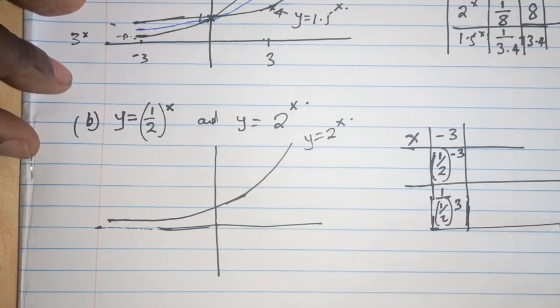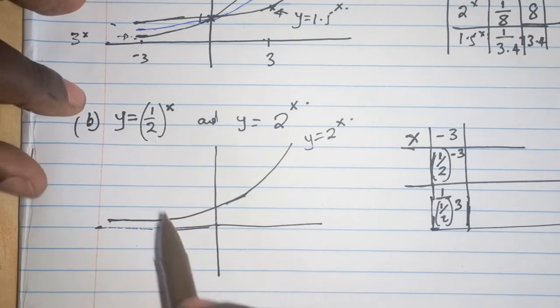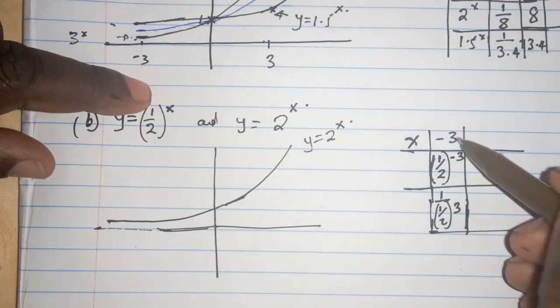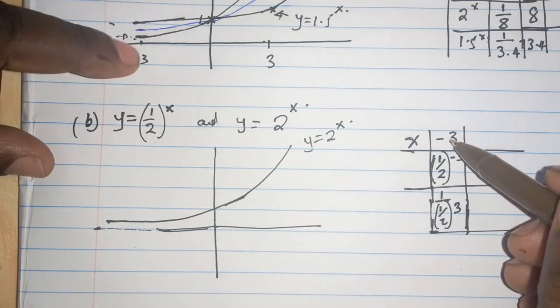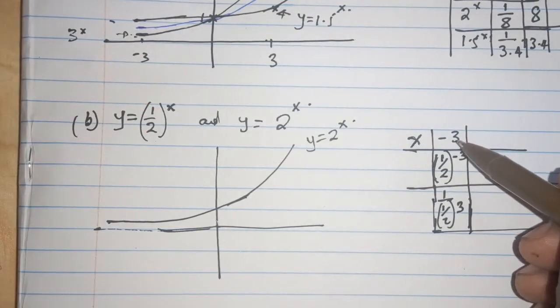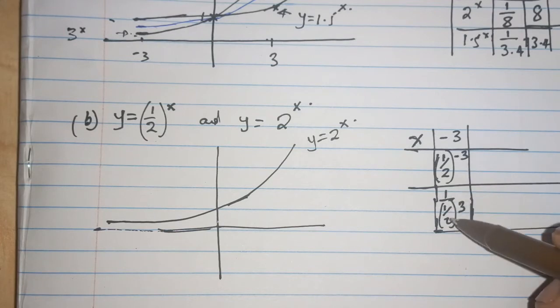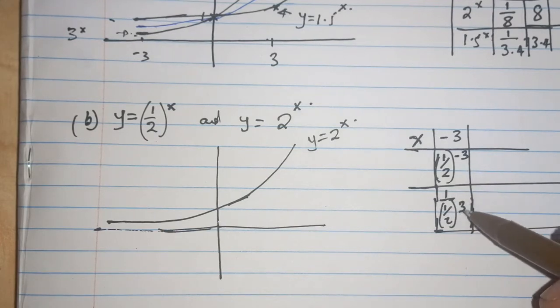I want us to look at it this way. When y is a half raised to power x and x happens to be -3, a half raised to power -3 is the same as 1 over a half raised to power 3.